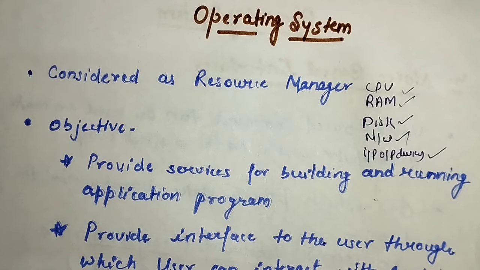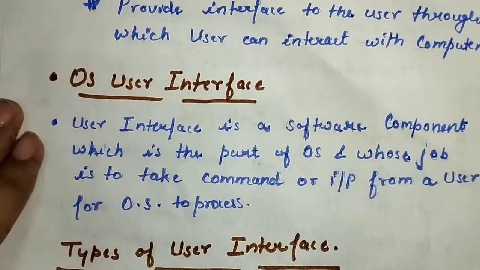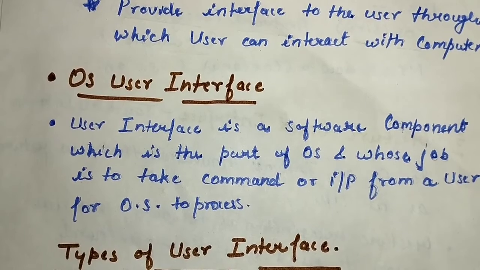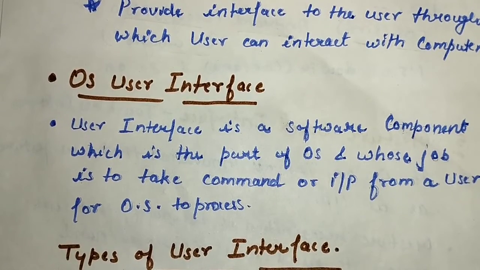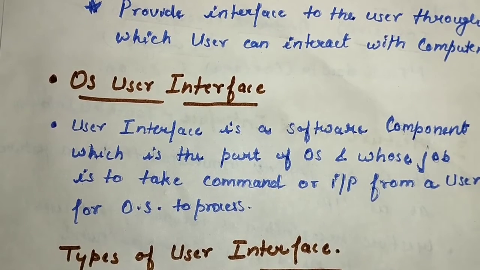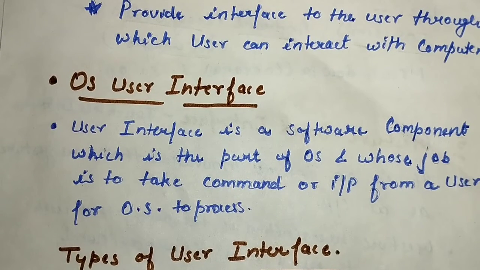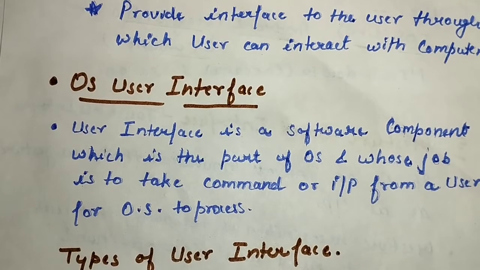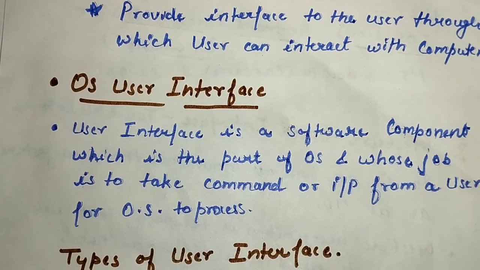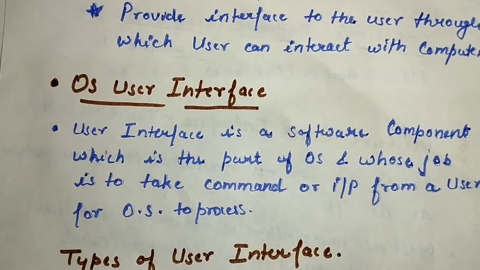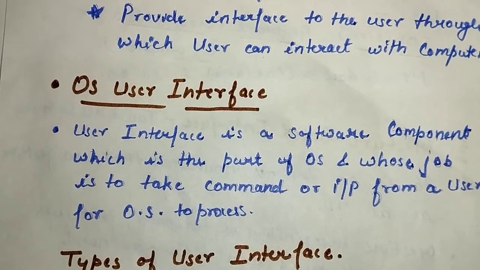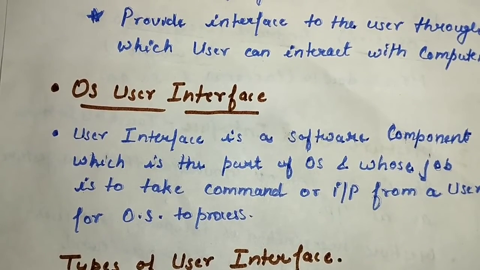Now, what is interface that is given by operating system? So user interface is a software component that is a part of operating system and whose job is to take a command or input and process that input and retrieve a result to the user so that user can interact with the application.